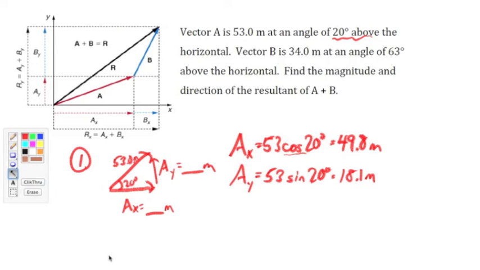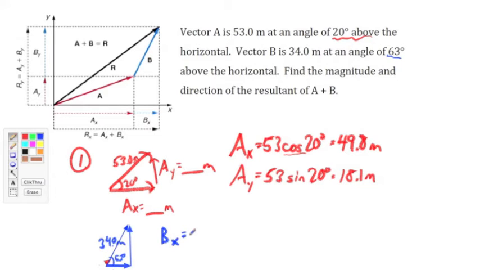For vector B, we'll repeat this process. If I have color coding, I might as well use it. So we'll figure out BX and BY. It said it was 63 degrees above the horizontal, and we said this was exactly 34 meters.